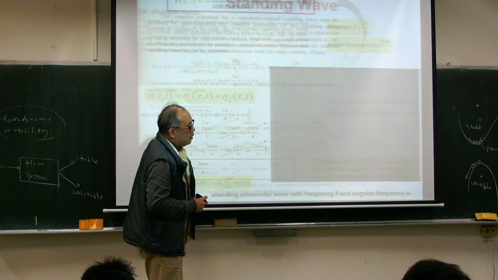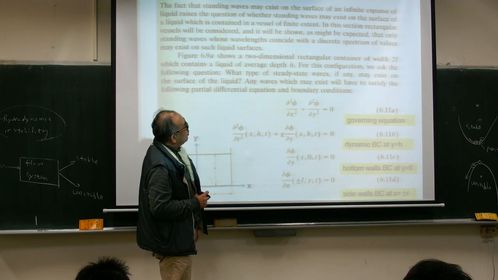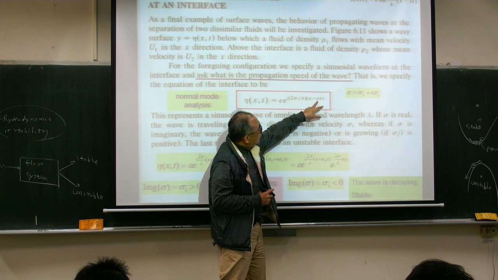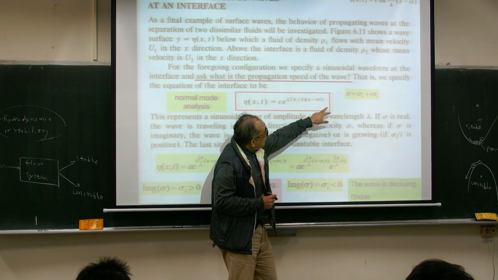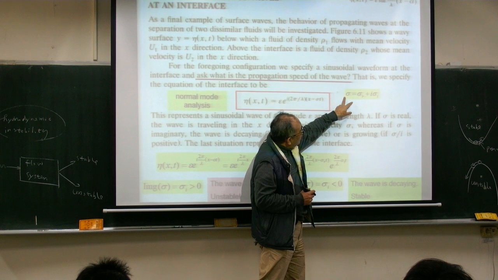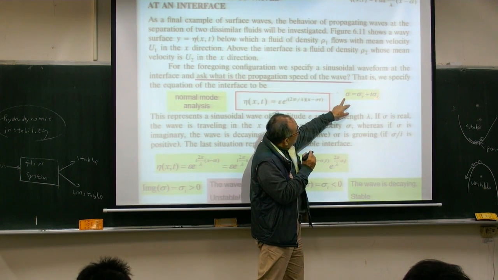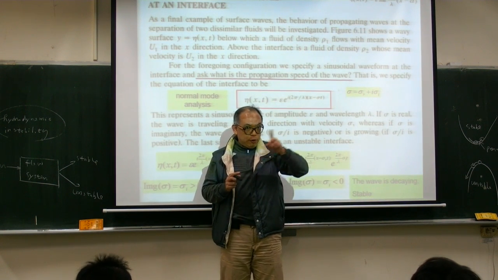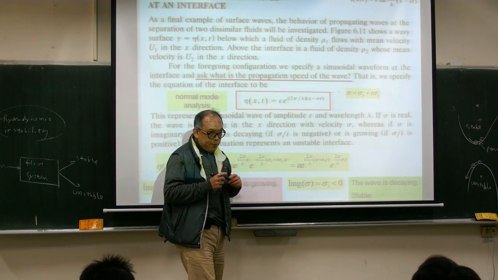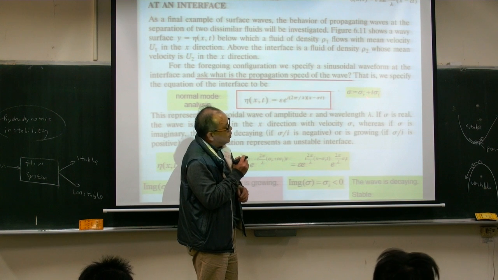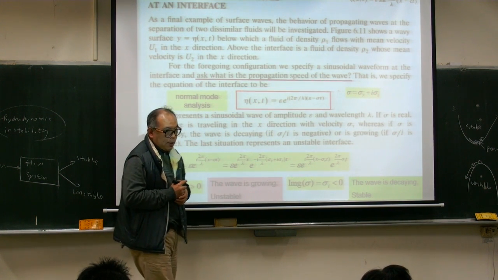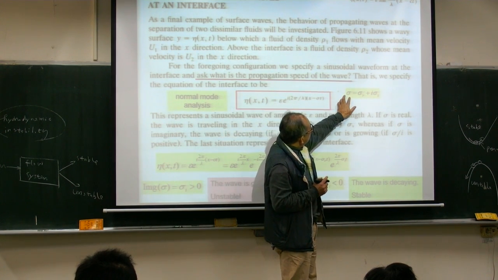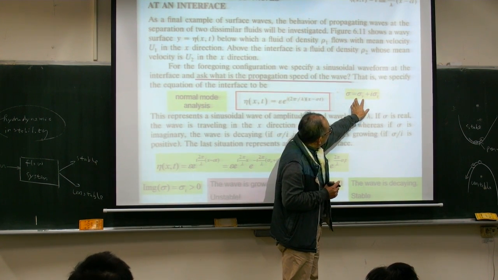In the normal mode analysis, instead of using the real number here, we introduce a sigma, and sigma is a complex number, including a real part and an imaginary part. The real part is similar to the C we had before, so sigma r is the wave speed. The only difference is that sigma is a complex number.